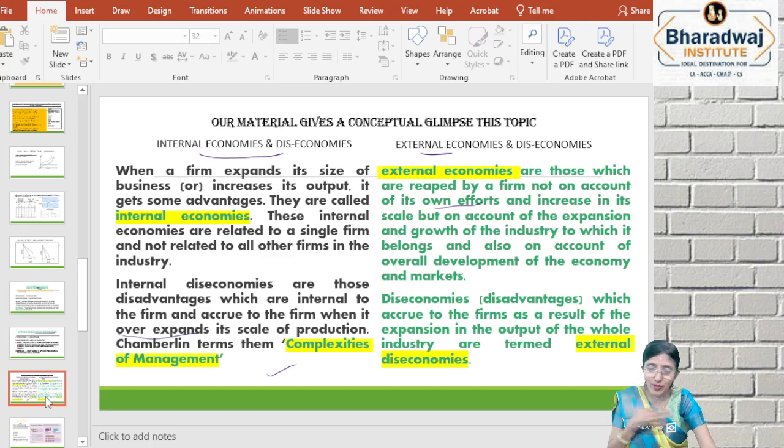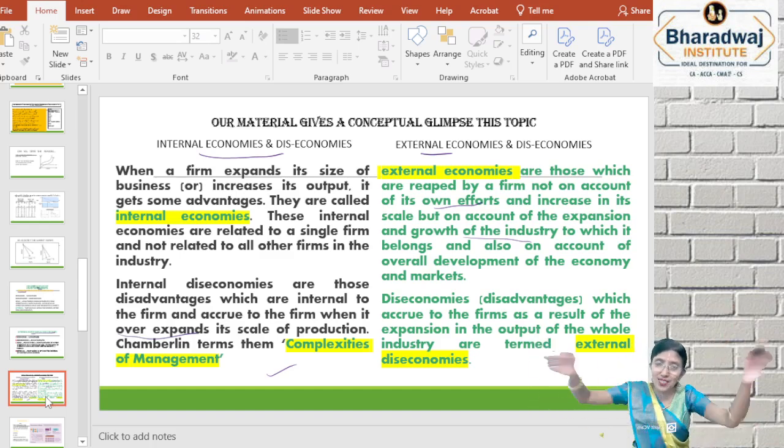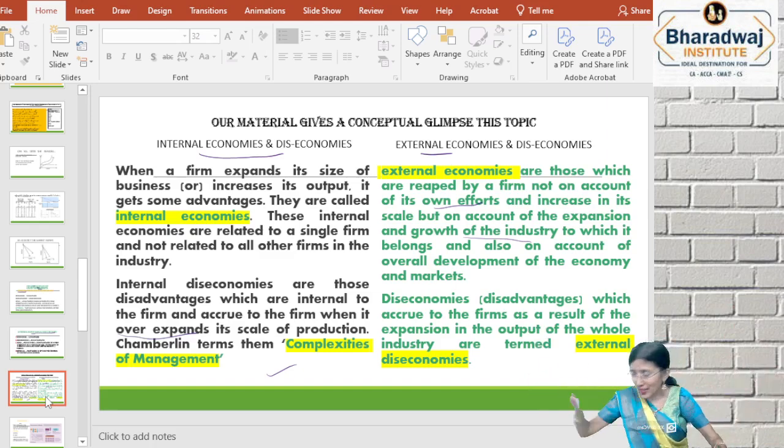I'm not getting this benefit because of my efficiency, but on account of expansion and growth of the industry as a whole to which it belongs. The cement industry is growing, therefore X and Y company is growing. The prosperous period of the industry, the sugar industry, is making the sugar company do well. So on account of overall development of the economy and the markets, it is not because of the efficiency of the respective company or firm.